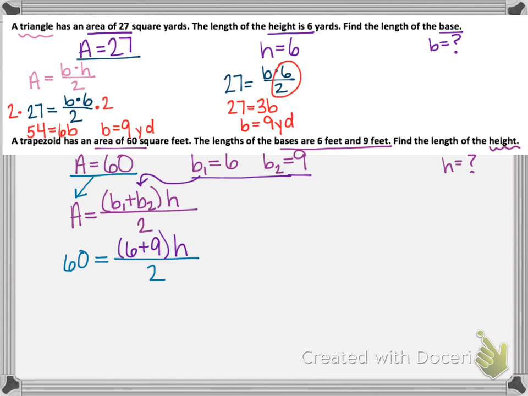And then I don't know my height, so we'll just go ahead and start solving from here. So let's go ahead and just add those things together on top. So I've got 60 equals 15h over 2.